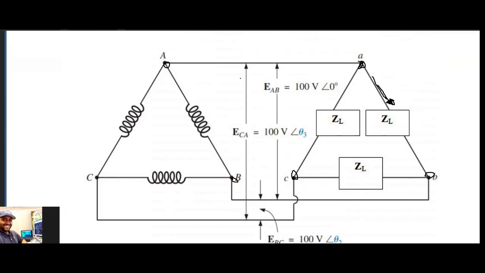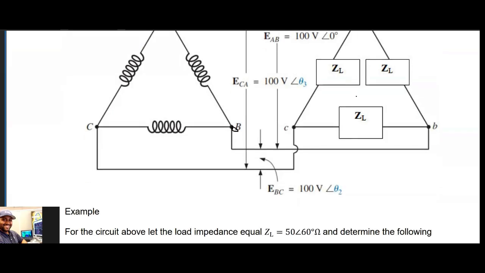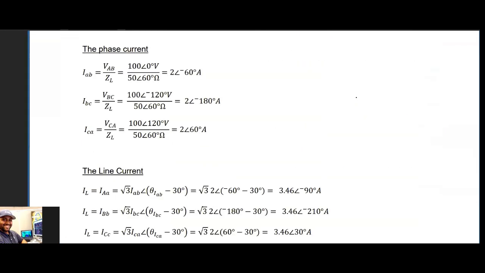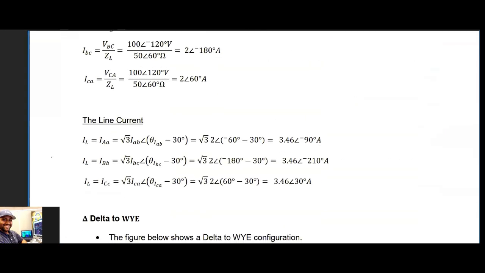So remember, this line current is not equal to this load current because it's being split at this junction point right here. But we have to take that into consideration by using this formula down here.